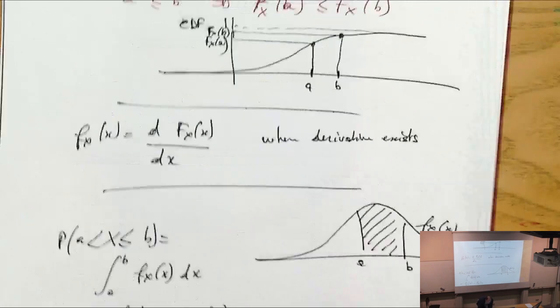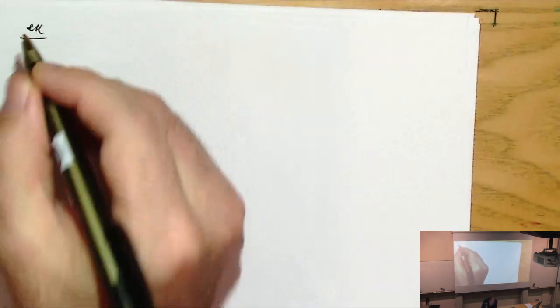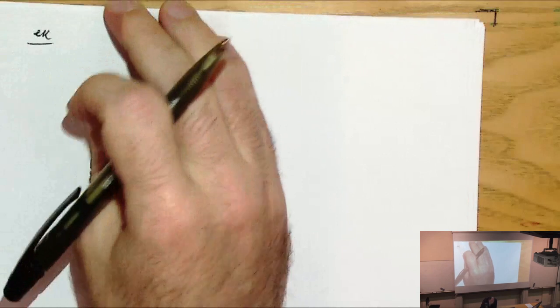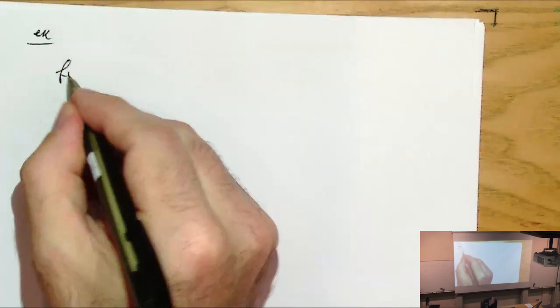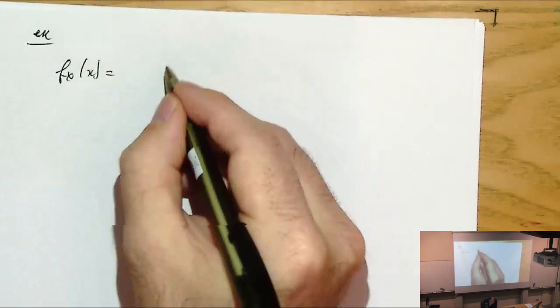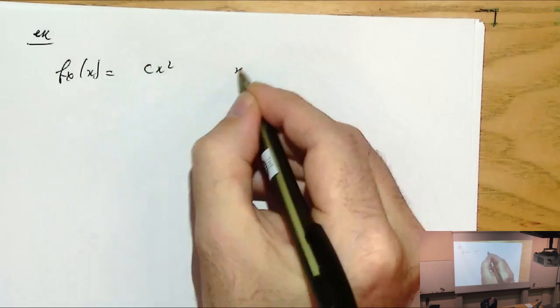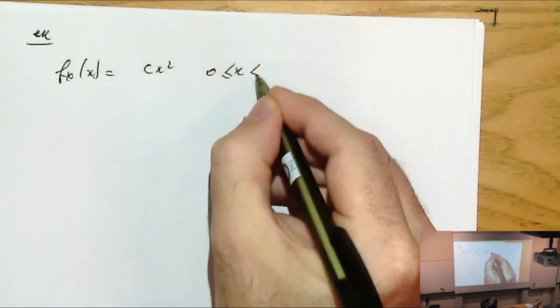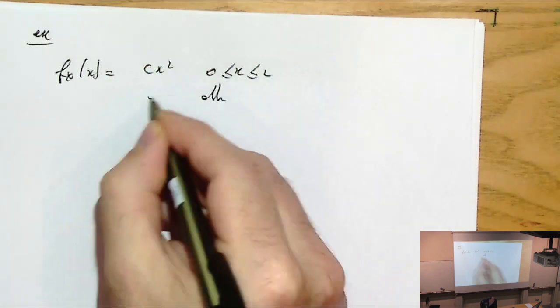Good, so let's look at an example. I have an example here where we're looking at a certain probability density function that is given by c x squared for x contained between 0 and 2, and otherwise it's 0.